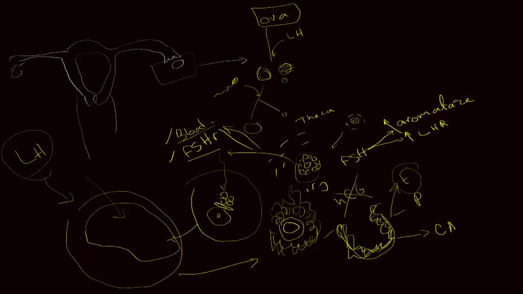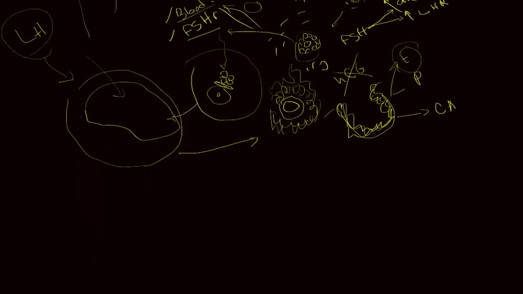Okay, so let's talk about the hormonal regulation here. We agreed that we have a two-cell system, the theca cells and the granulosa cells. Initially the granulosa cells, this is the theca cells, is not capable of making estrogen from scratch.